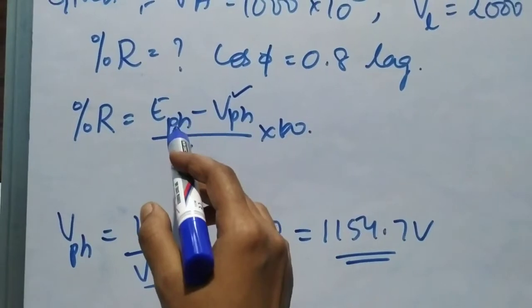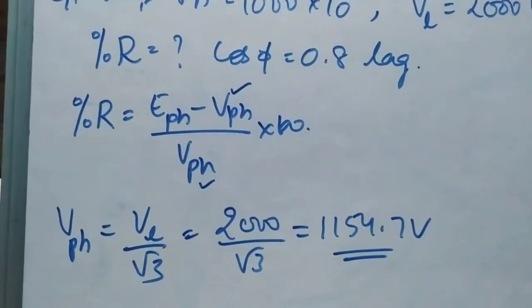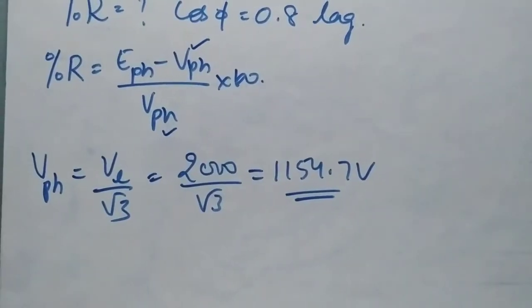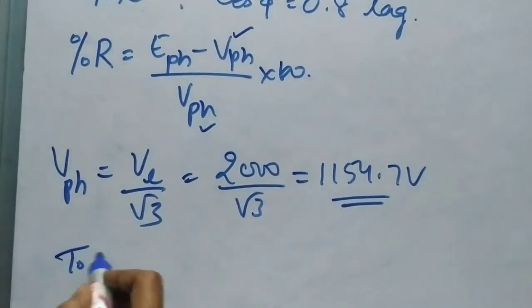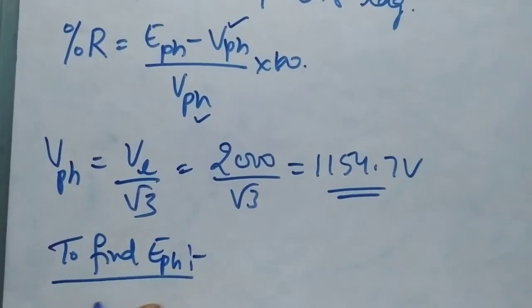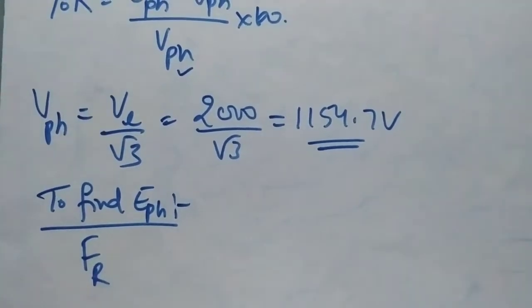Now the next step is we have to find out the E phase. How to get the E phase? E phase can be obtained by getting the value of FR, that is nothing but the resultant field current.